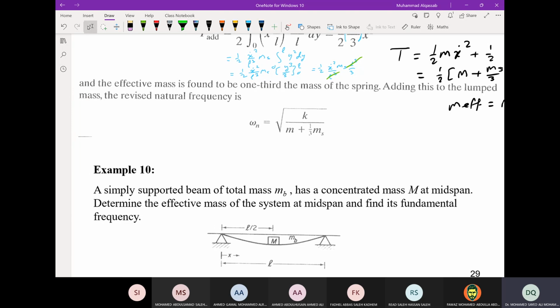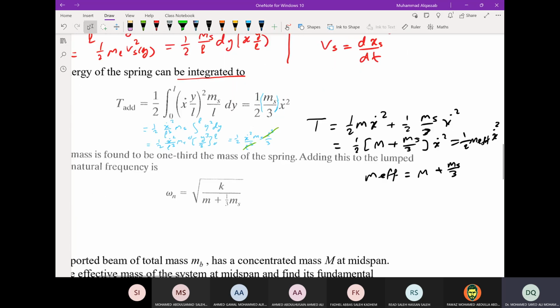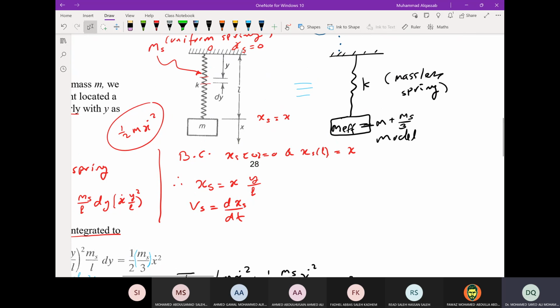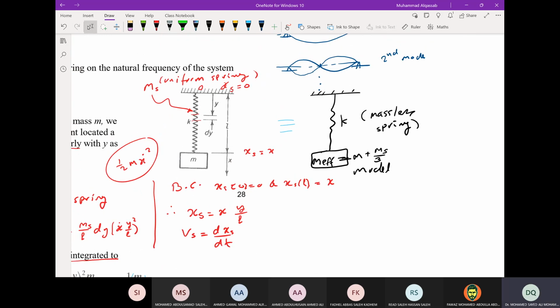From now on, whenever you have a spring given with mass, you should use this equation. If the mass of the spring is neglected, then you can use the previous equation of omega n. The model is the same, but we are only showing how to add the contribution of the mass of the spring to the natural frequency.